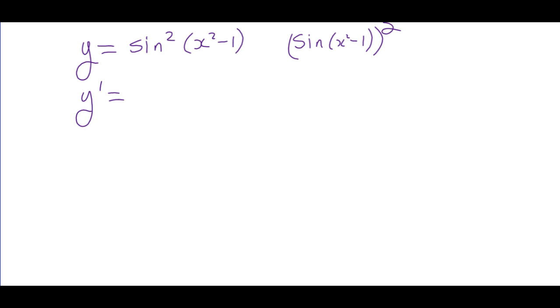Okay, so it's squared. So it's 2 times the sine of x squared minus 1 times the derivative of the inner function, which is just 2x. Times the derivative of the sine of x squared minus 1, right, which is the cos of x squared minus 1.